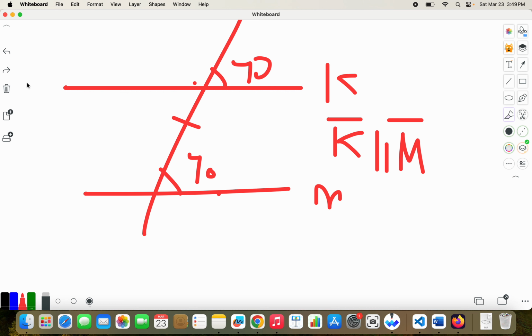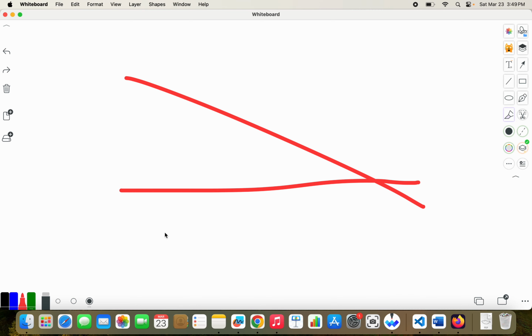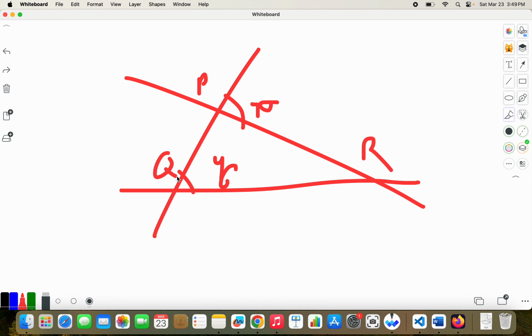And over here, I'm going to give you a figure which is wrong. This is very misleading. Oh, it's not 46, this is 40. Okay, so this is wrong. Why? Because these are the same angles, so these must be parallel, but these meet.